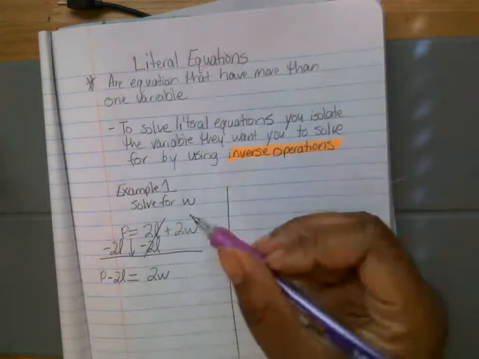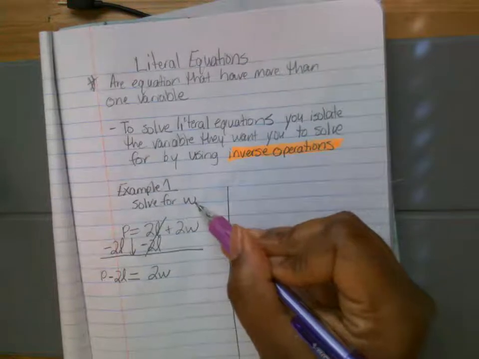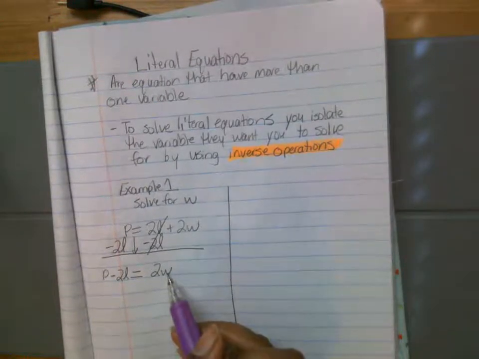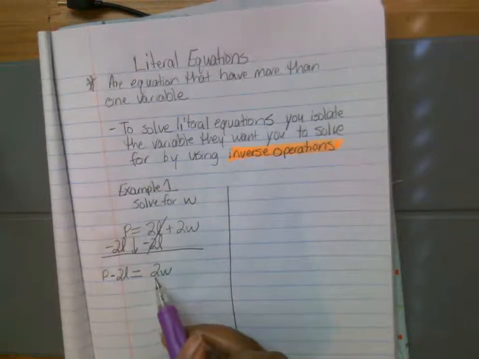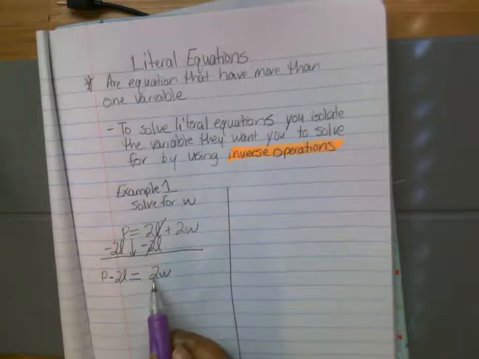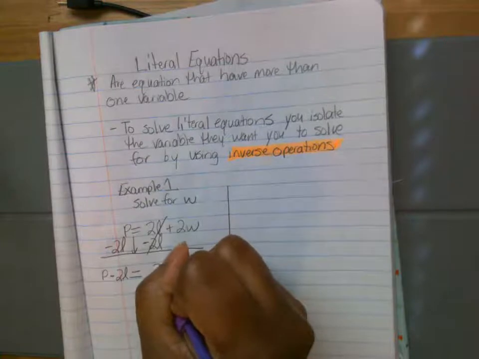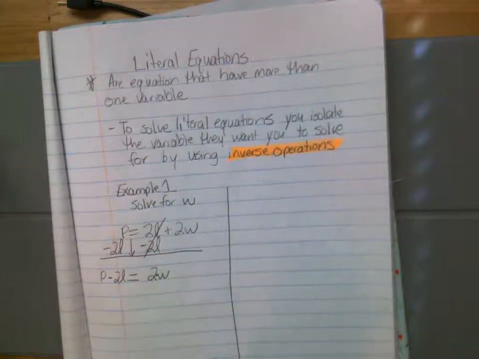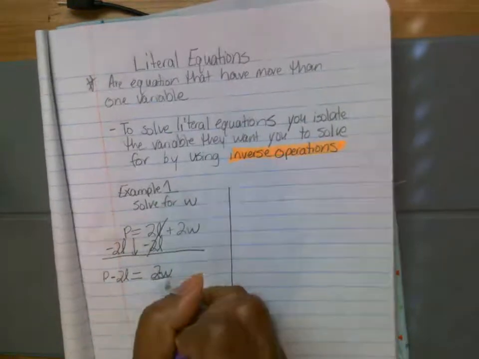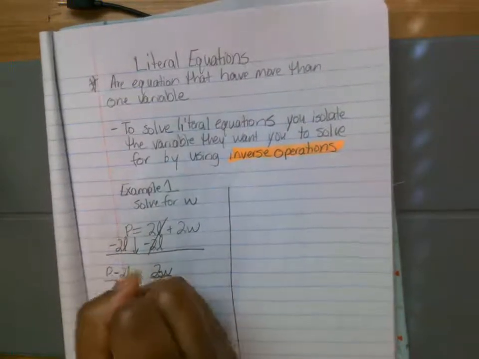Now, still with the goal in mind of solving for W, we got to get W by itself by getting rid of the 2. The operation that's automatically between 2 and W is multiplication. The inverse of multiplication is division. So we're going to divide both sides by 2.